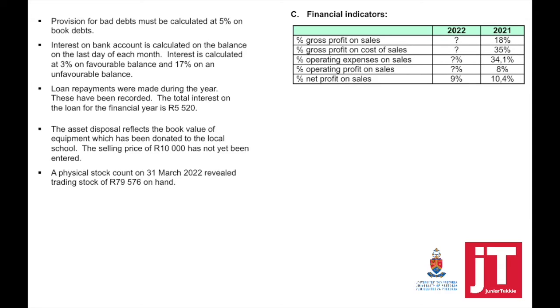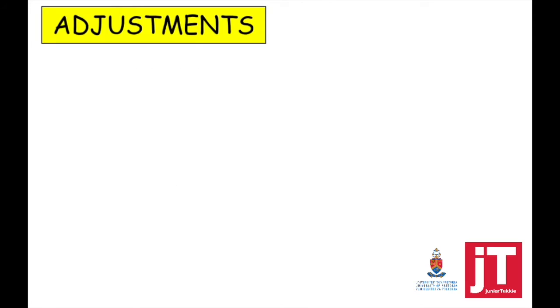We're always looking at the percentage gross profit on sales, percentage gross profit on cost of sales, and these financial indicators will always tell us, have we achieved our aimed markup or not? Then we look at percentage operating expenses on sales, percentage operating profit on sales, and percentage net profit on sales.